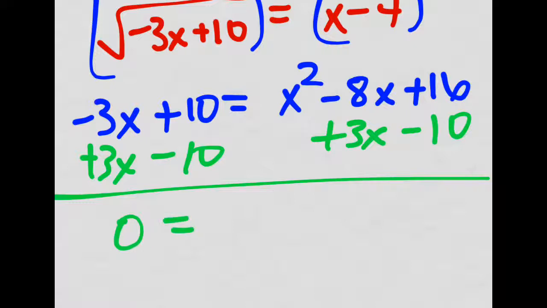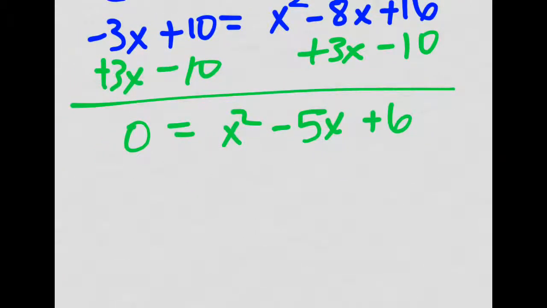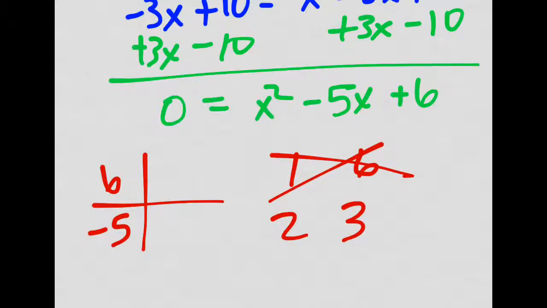So 0 is equal to x squared minus 5x plus 6. Can I pull anything out of this? No. So I need to factor it. So that's 6 and negative 5. Signs are going to be the same. So this gives me 7, so that doesn't work. So I need 2 and 3.